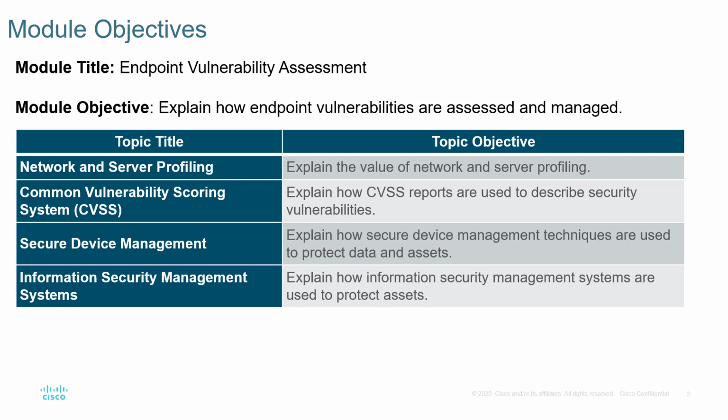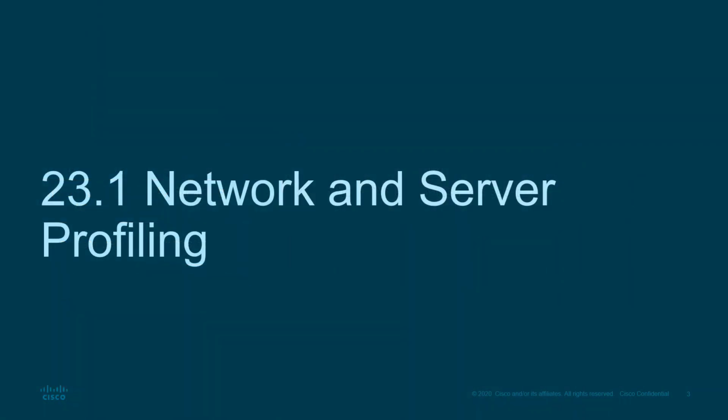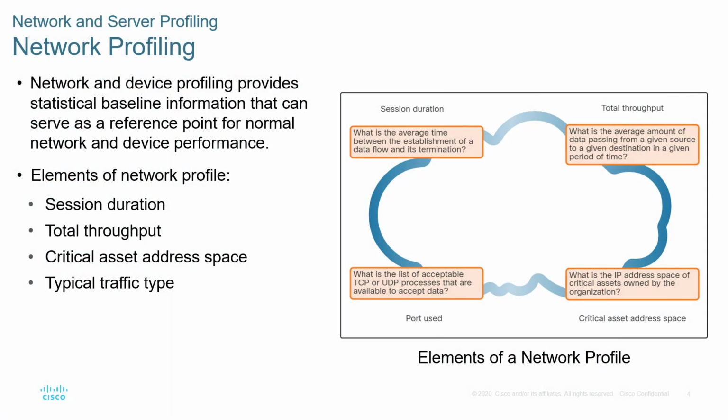Alright, so let's look at this network and server profiling. Essentially, a profile provides statistical baseline information based off of the characteristics that that item uses. For example, a server, we know it's going to be a specific type of OS. We know it's going to have a very specific type of profile, such as ports that are going to be open, and there's going to be a certain average of time between connection and termination, session duration.